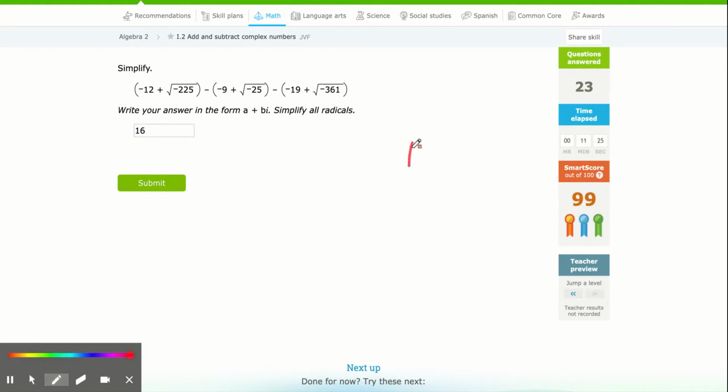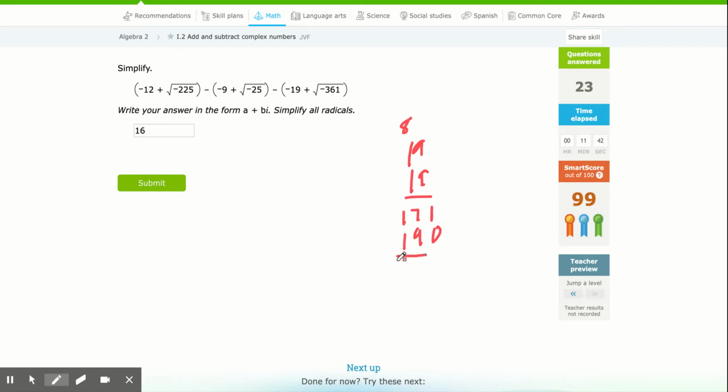I think that works. 19 times 19 is 361. Yep, so it's 19. So this is going to be a 19i.